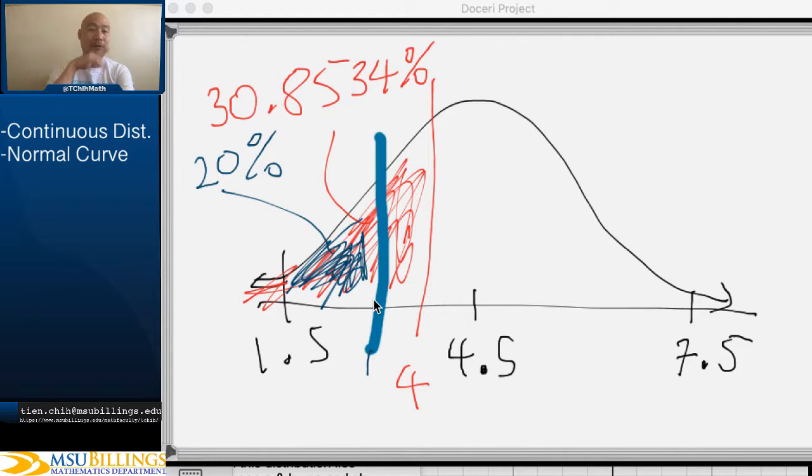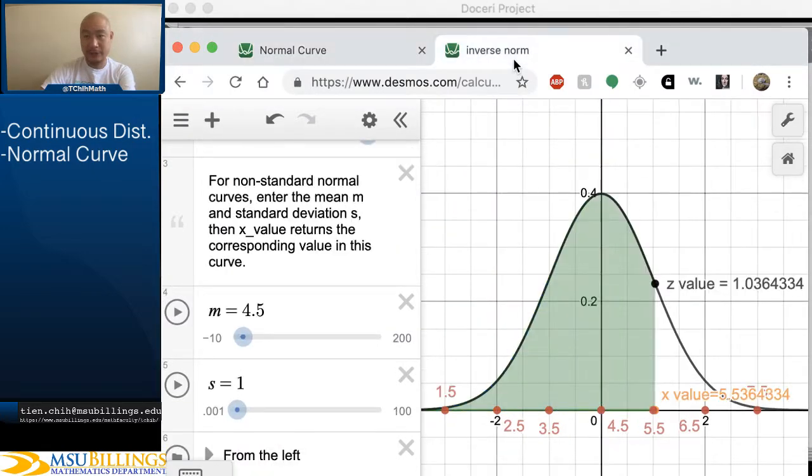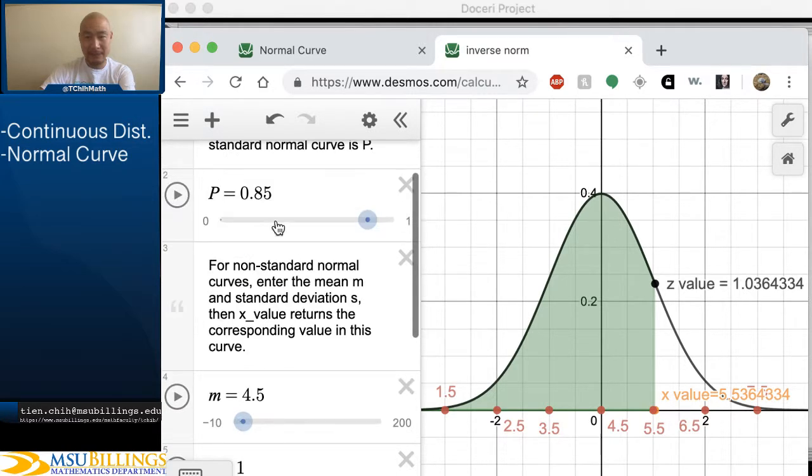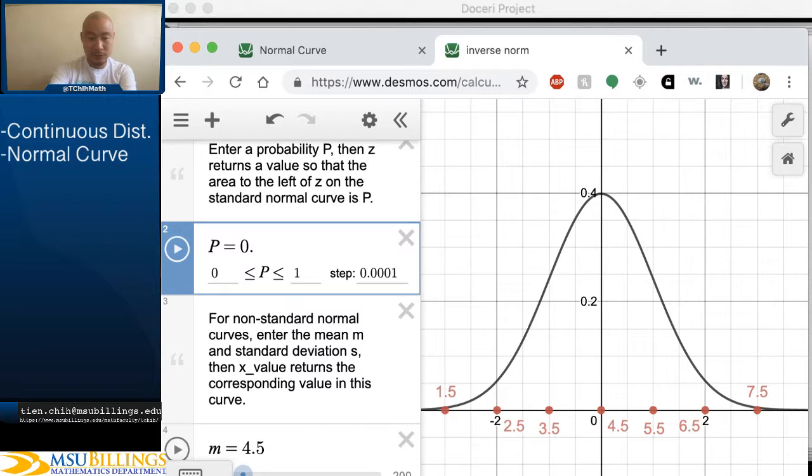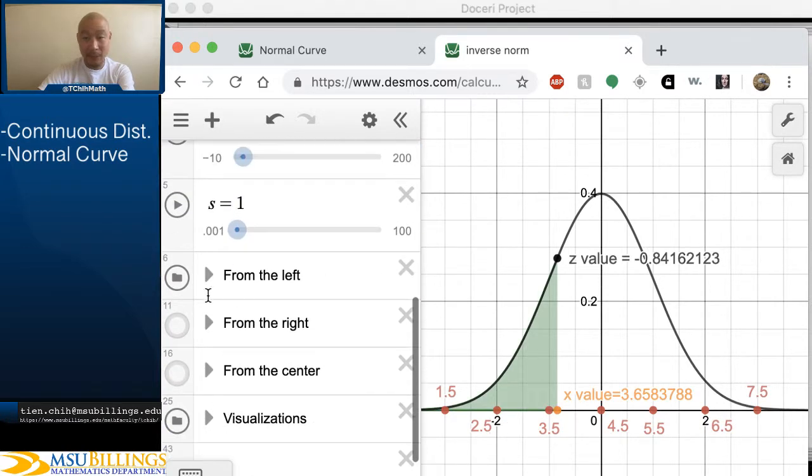So again, we're finding the time and not, in this case, a probability. So instead of the normal curve, I used the inverse norm. Mean is 4.5, standard deviation 1. I'm looking for a probability of 20%. I want it from the left because that's the area I'm looking at.